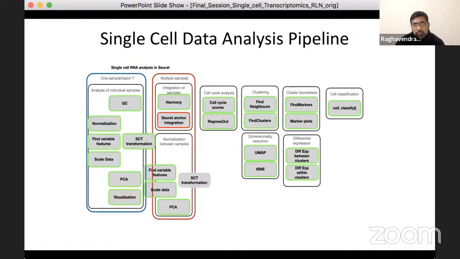And these clusters can then be assigned to different cell types based on the marker genes that we have.